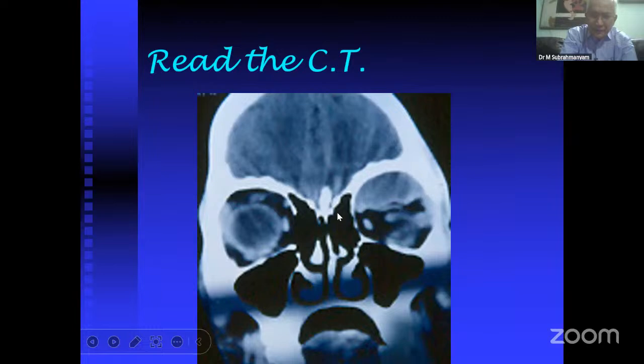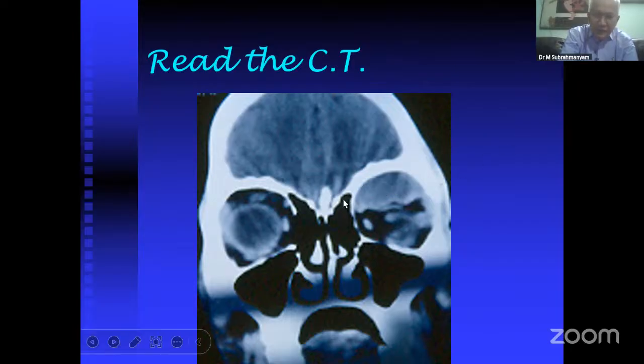What is this? Again, you can see that this is a white membrane, thick membrane. This is the periosteum. So the subperiosteal space is filled with something. As I said, it could be either pus or blood. Subperiosteal abscess or subperiosteal hemorrhage.